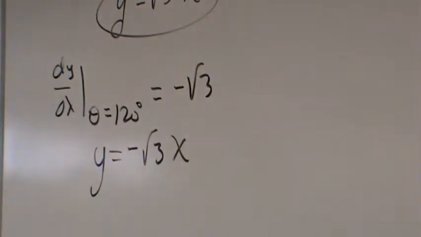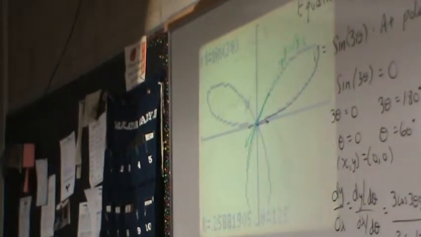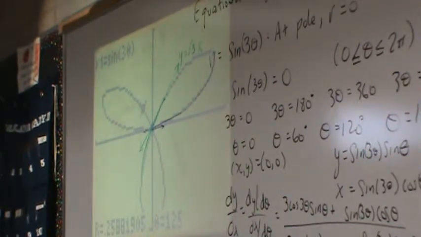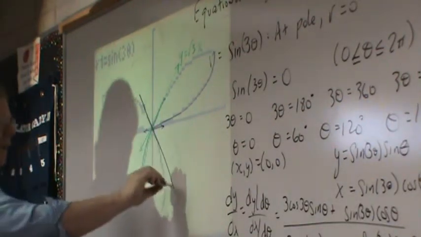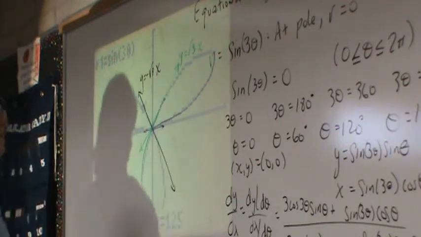And that's because as I come around to 120 degrees, here's 115, there's 120, there's 125. So do you see, I'm right there on that part of the graph. So I end up having this tangent line here, y equals negative rad 3x.